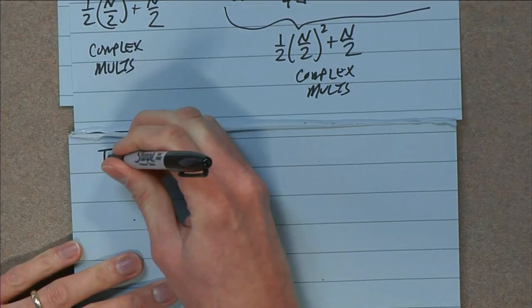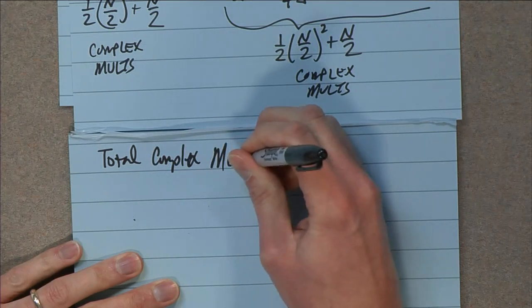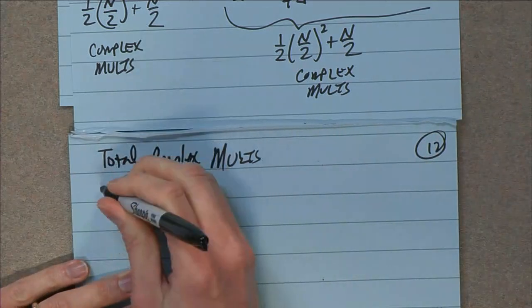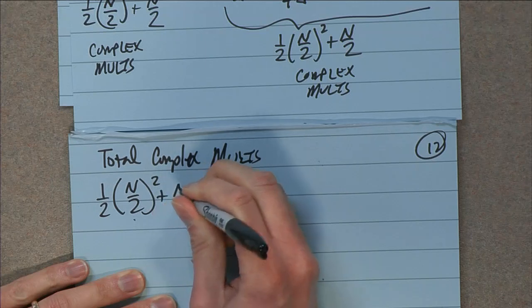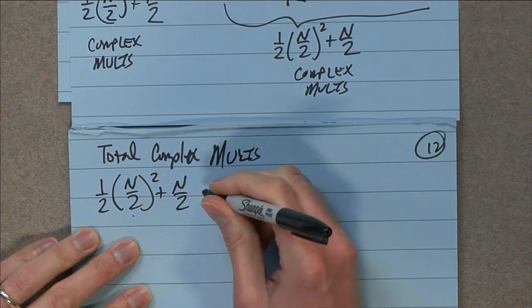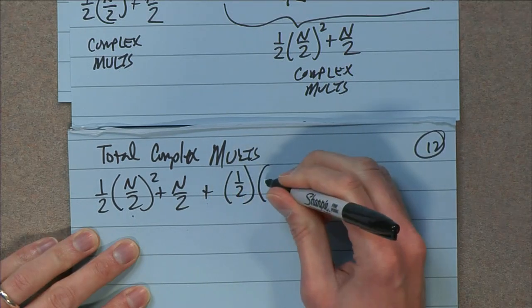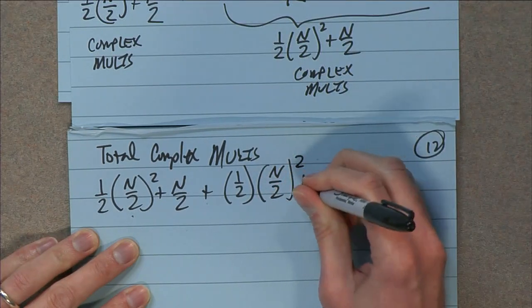So the total complex mults for this last breakup was 1/2 n over 2 squared plus n over 2, and that's just for the breaking up of G into P and Q. But then we've got to also pay for the breakup of H into R and S, which is n over 2 squared plus n over 2.